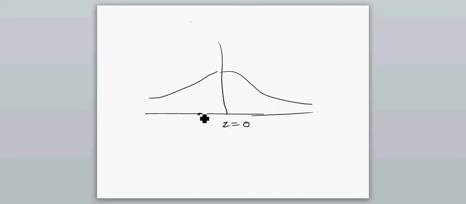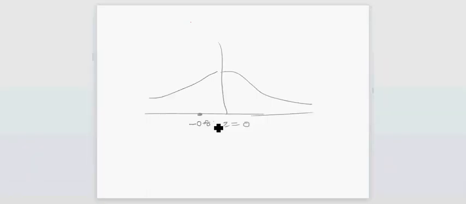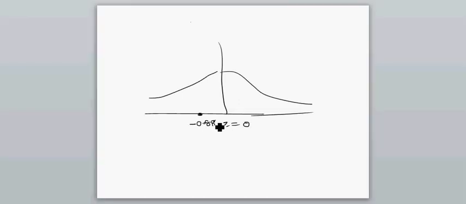So let me take this as minus 0.88. Obviously minus 1.64 will be left to this, not right side, left to this. Let me take somewhere here minus 1.64. So in between these two lines is the area expected in this problem.